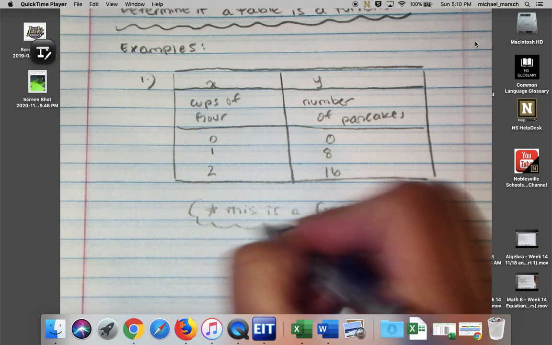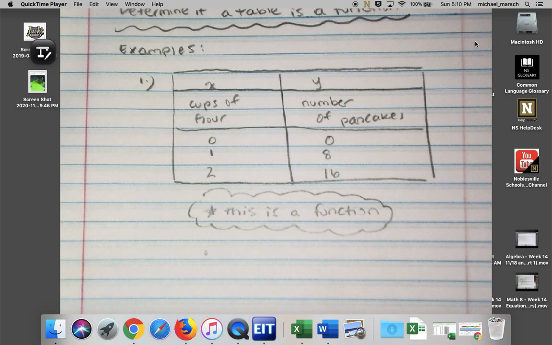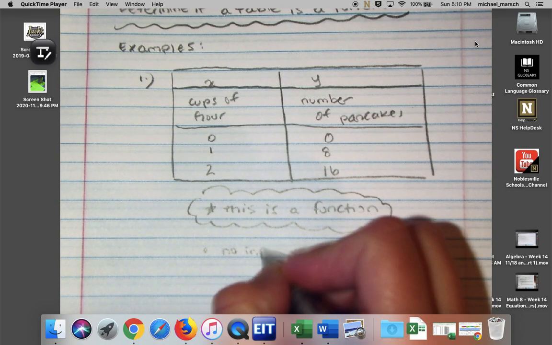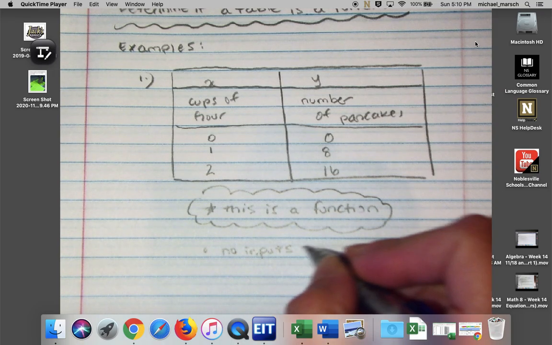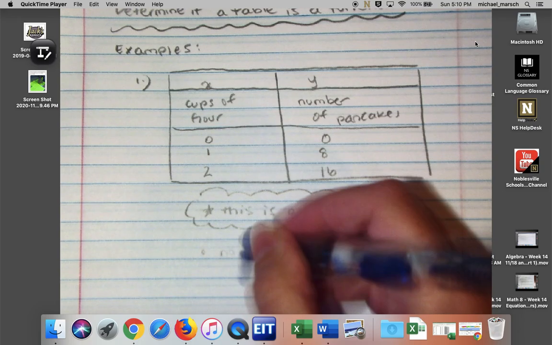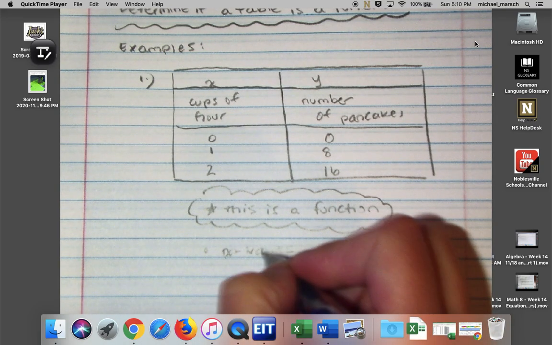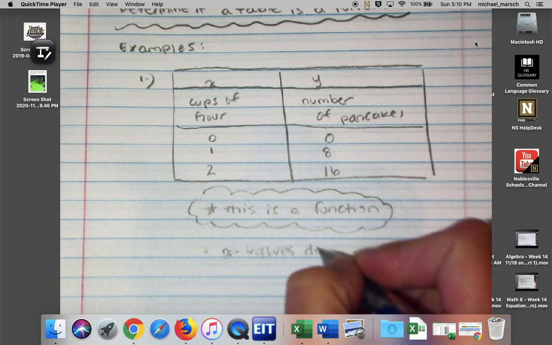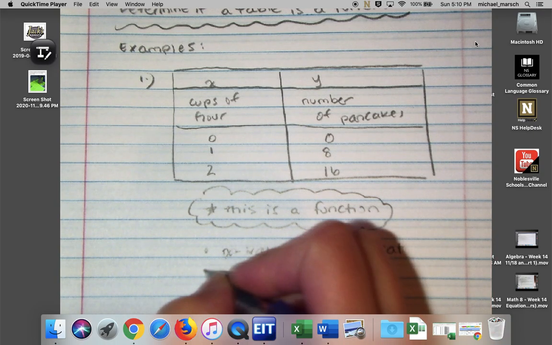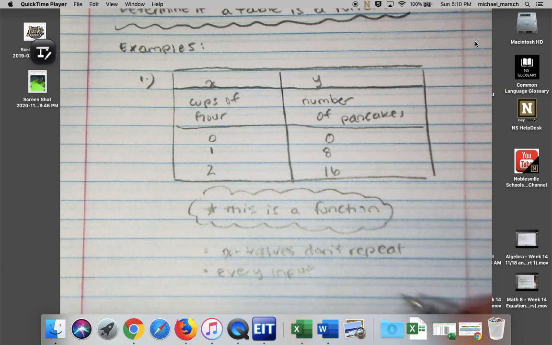right? And if we need to remind ourselves why, we can say, x values don't repeat. And we're also going to say every input has 1 output.